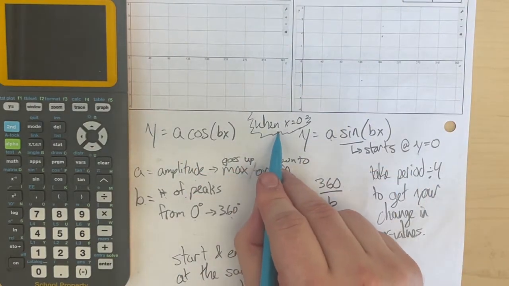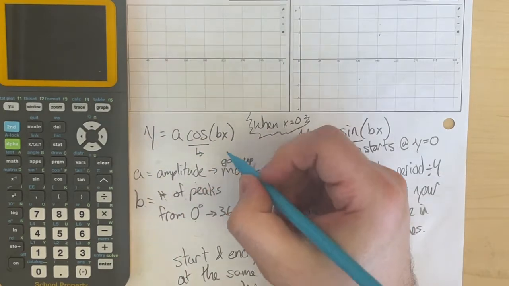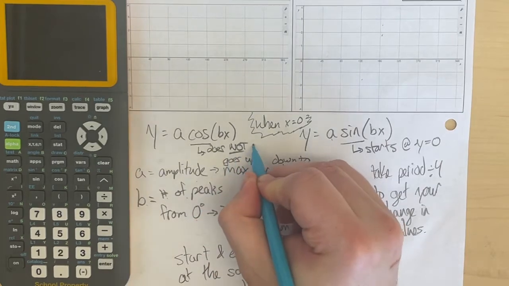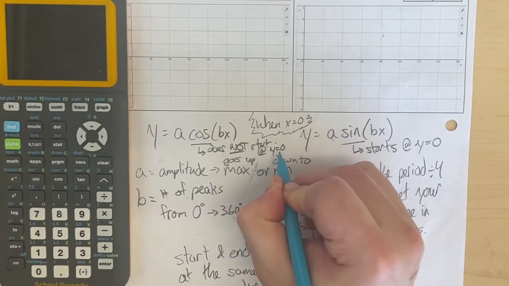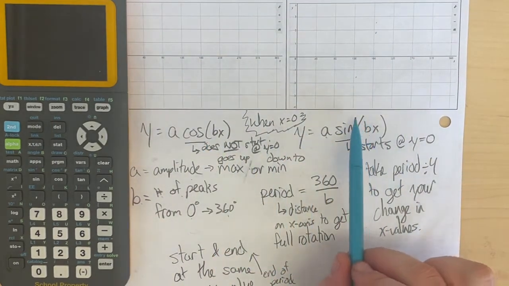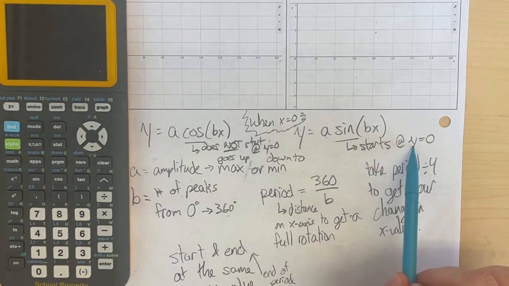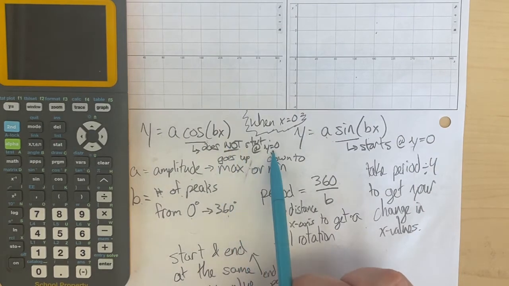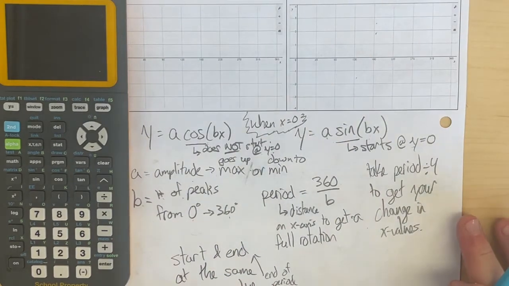However, when x equals 0, cosine does not start at y equals 0. So be very careful when you're thinking of this. That's the main difference: sine of x starts at y equals 0, cosine of x does not start at y equals 0. That's going to be our main difference when we're plotting out these functions.